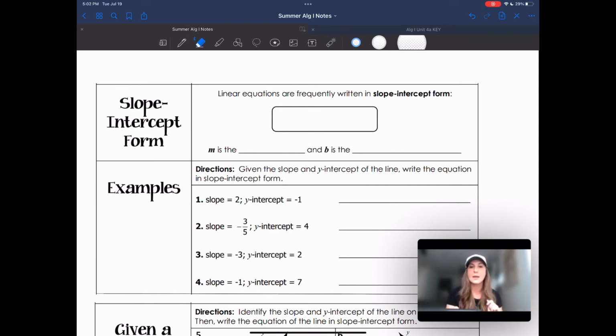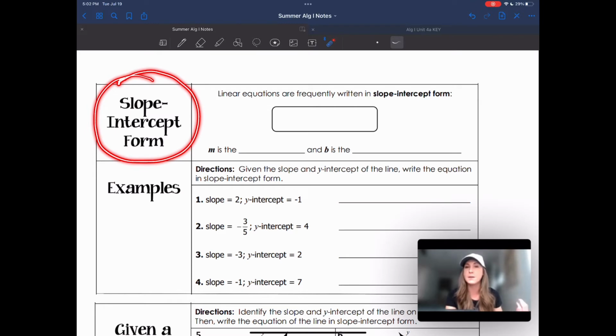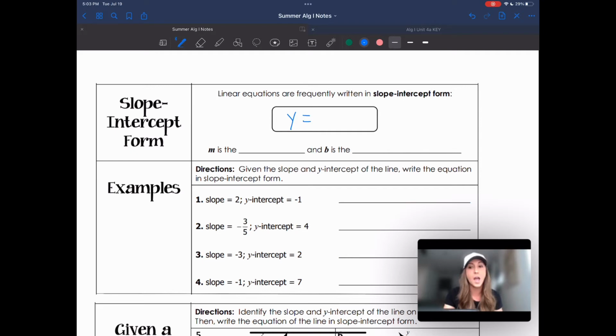Today anyway, we're going to look specifically at the most common one, which is called the slope-intercept form of an equation, okay? So it says linear equations are frequently written in slope-intercept form, and you may have seen this before, and it is y equals mx plus b. That is what your equation will always end up looking like in this slope-intercept form.